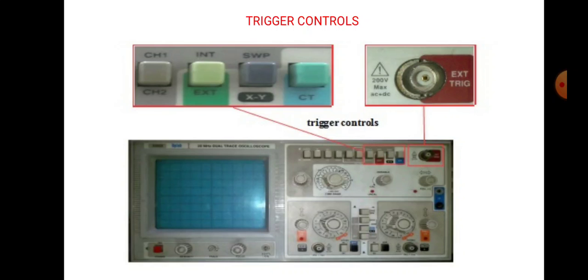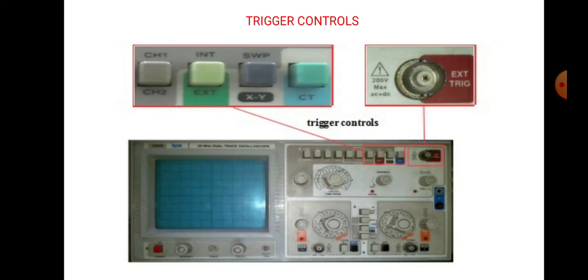Slope: we can select whether the triggering occurs on the rising or falling edge of the trigger signal. Coupling: select whether the triggering occurs at a specific DC or AC level.